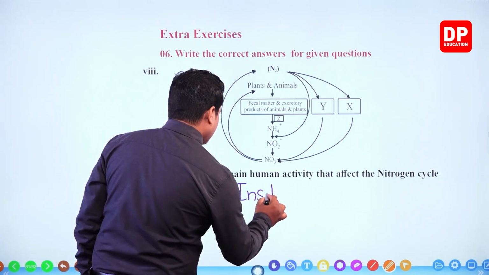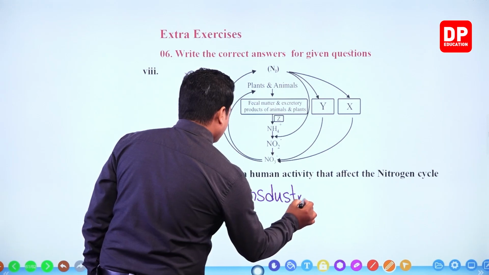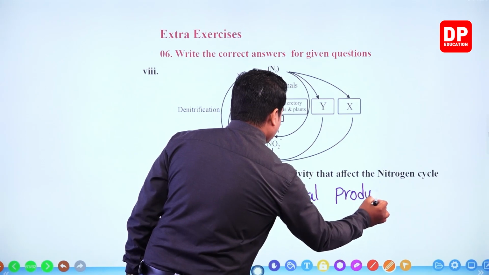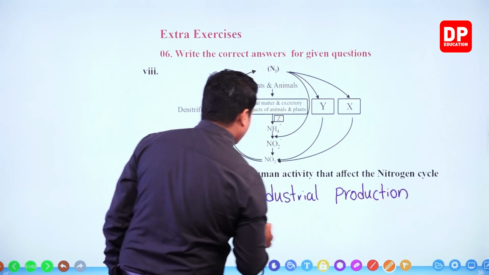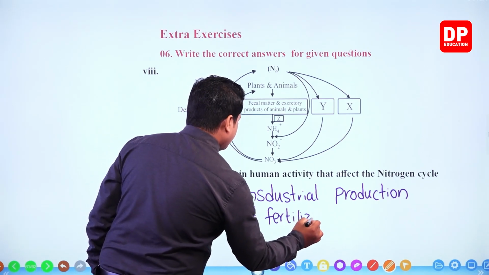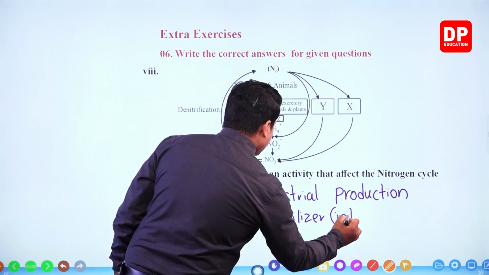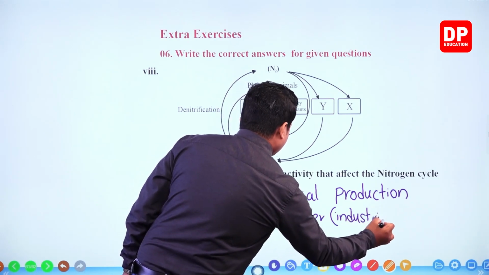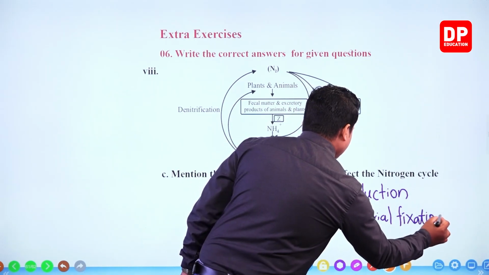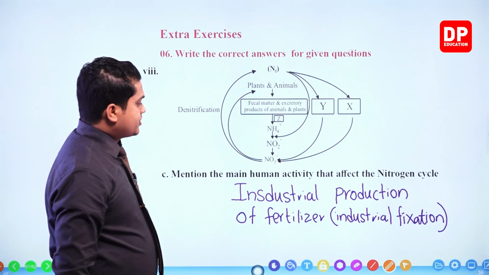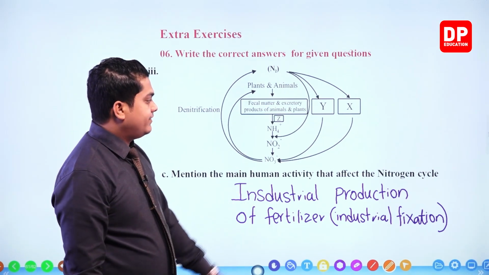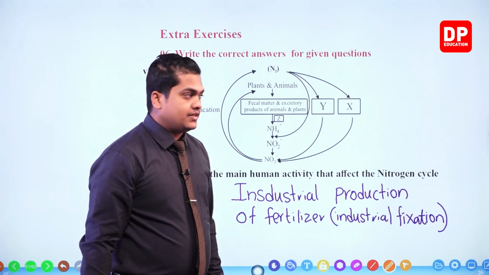Industrial production of fertilizer, industrial fixation, right? So industrial production of fertilizer or else industrial fixation is the main human activity that affects the nitrogen cycle.